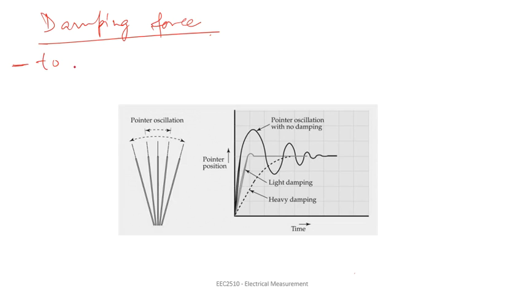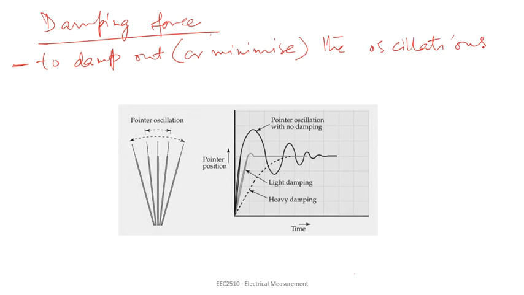So damping force is required to damp out, or you can say reduce or minimize, whatever you can call it, the oscillations. The oscillations which you are seeing here are being shown with the help of the pointer. A similar thing you can understand with the help of this graph also.